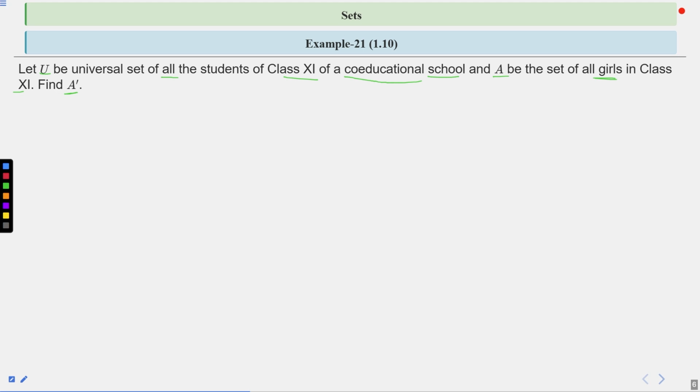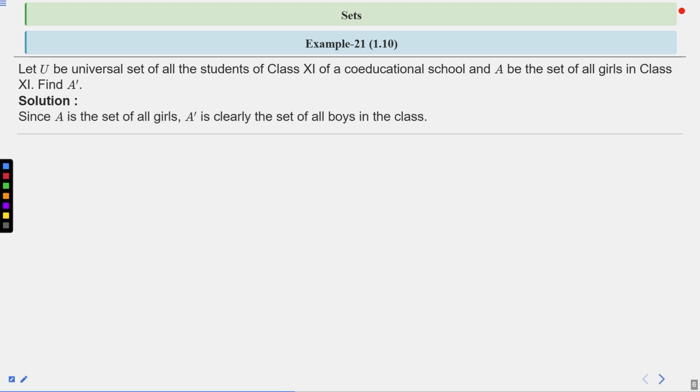So please comment your answers. So solution. Since A is the set of all girls, then A complement will be what set? The set of all boys from class 11th. Clear? Straightforward answer. So if you have any doubt, you can let me know.